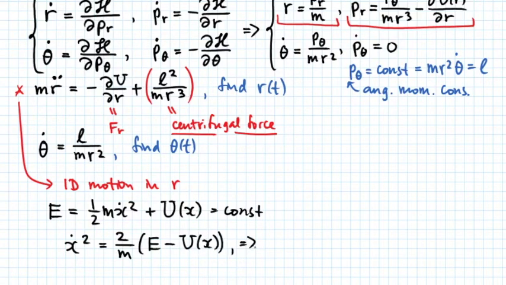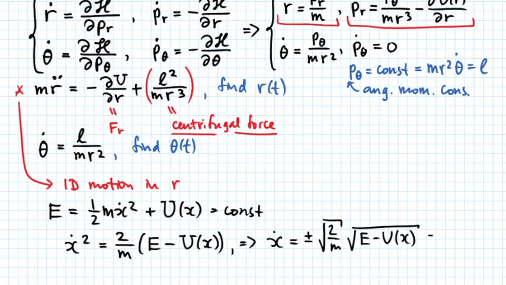Therefore, x dot is found to be plus or minus the square root of 2 over m, and then the square root of energy minus U of x, which is itself dx dt.